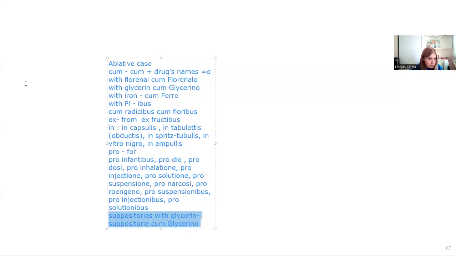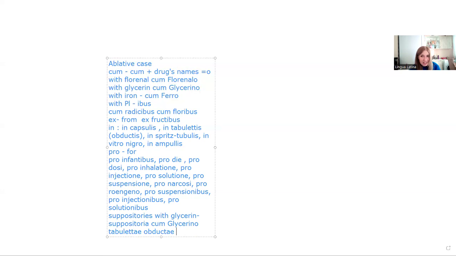Okay, let's go on. One more term. Coated tablets alcohol for children. Coated tablets. It's not a prescription, so it's nominative plural: tabulettae obductae.